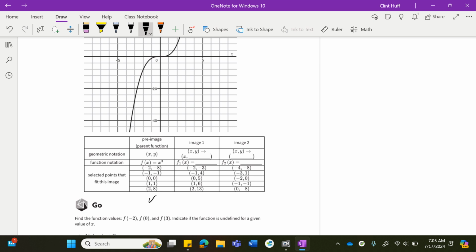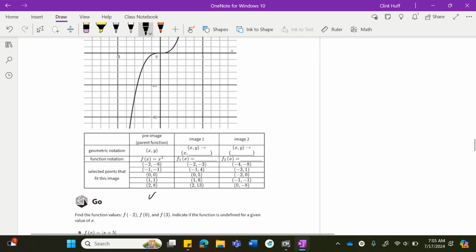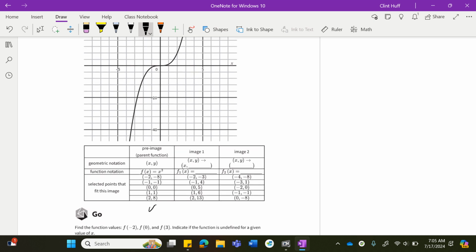So on the next one, if we look at the table of values, and the directions say, use the graph and table of values. All right, so -2, 3 from -2, 8. I'm going down this column here. Notice that all the x values are the same, -2, -1, 0, 1, and 2, and they're the same in the regular x cubed function, but all the y values have what relationship to the original ones?